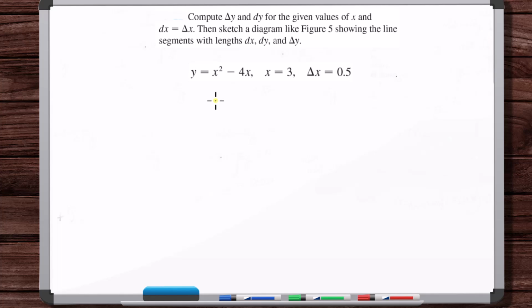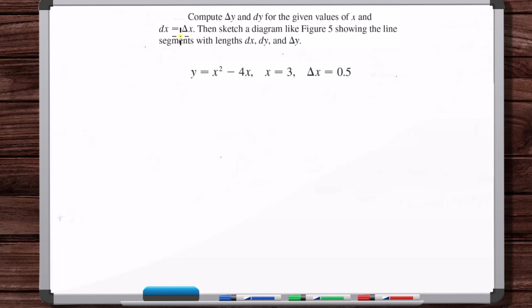So these are the differentials. dx and dy are relative to the linearization. Delta x and delta y are relative to the actual function. And since delta x is an independent variable, that's why dx is equal to delta x, because you're moving delta x or dx along your linearization or function curve.